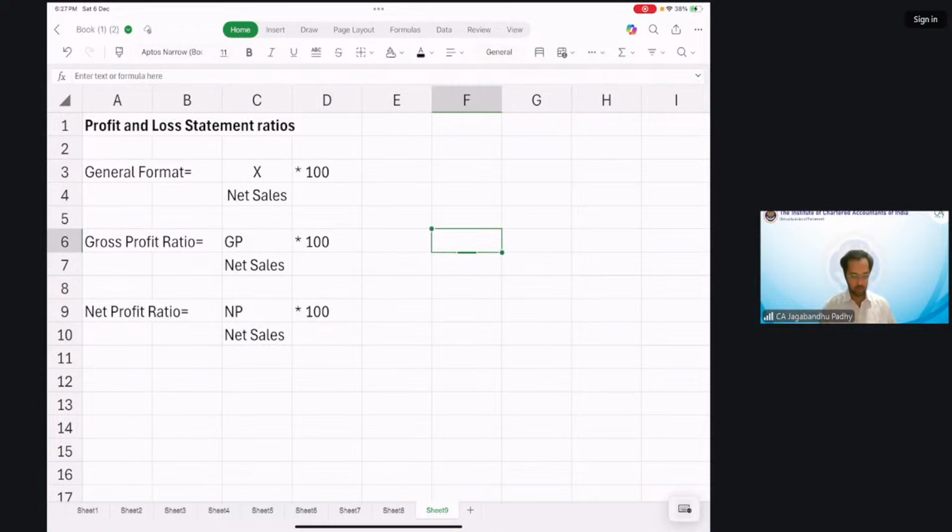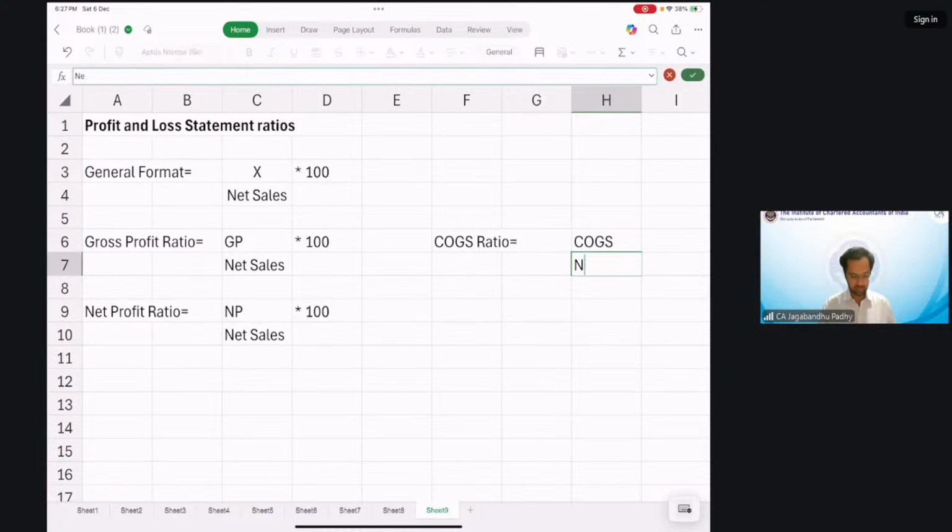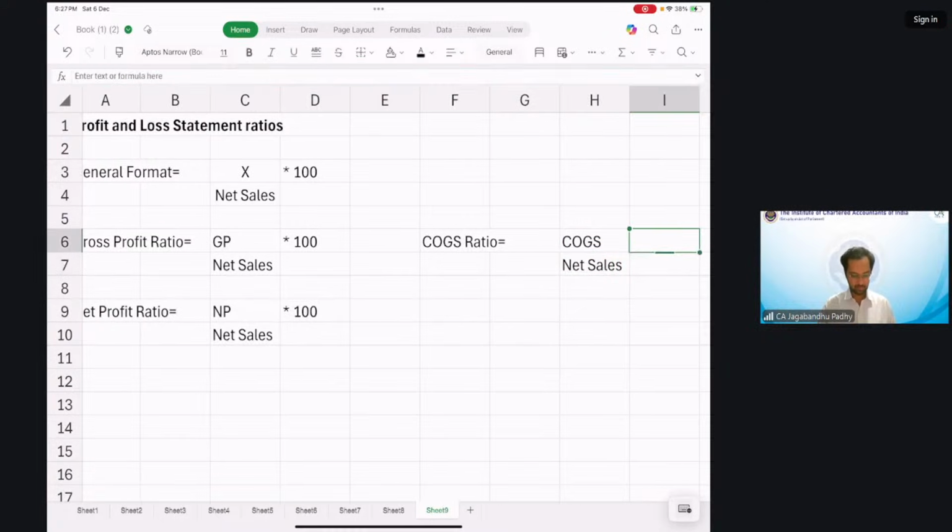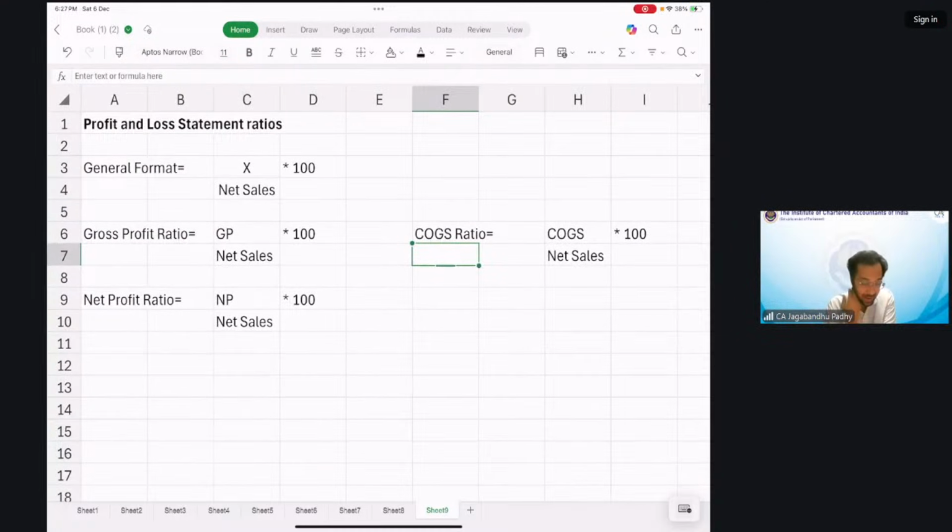Now, if I ask you what is the COGS ratio, COGS ratio is going to be COGS upon net sales into 100. One question to you: can you think of some relation between gross profit ratio and COGS ratio, guys?